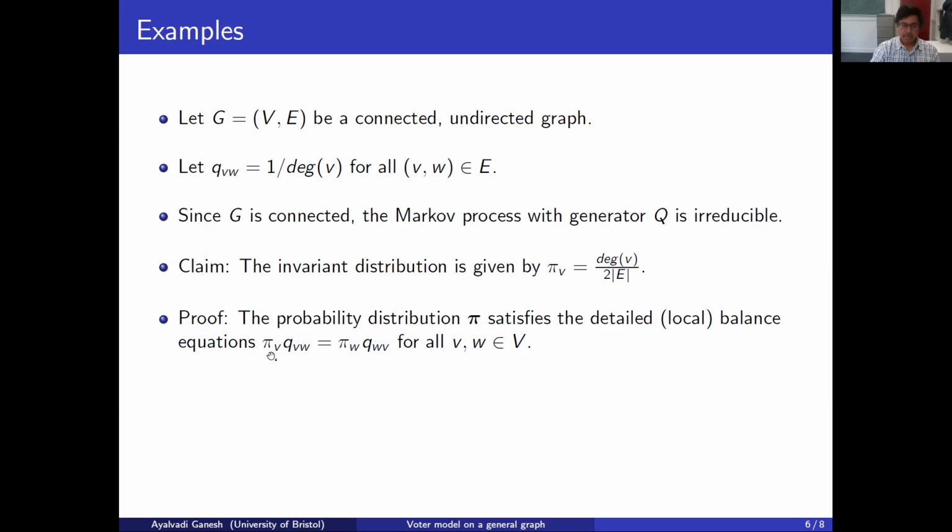They say that pi v times q vw, the invariant probability of the state v times the rate of going from state v to state w, and for the random walk the states are the vertices, should be the same as in the reverse direction, pi w times the rate of going from w to v.